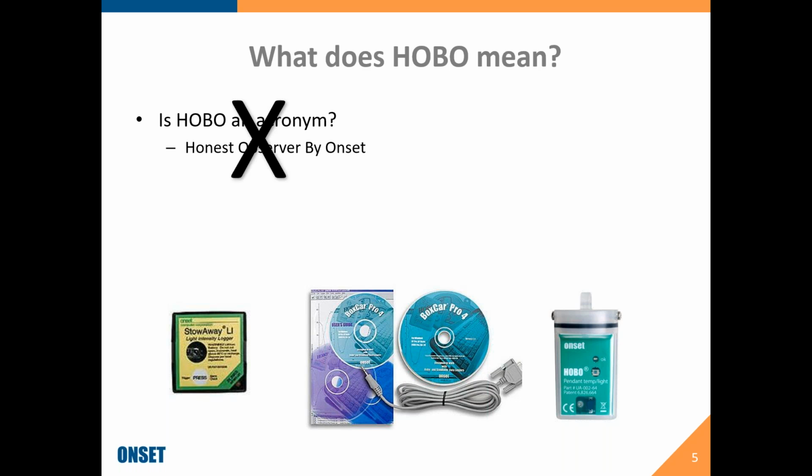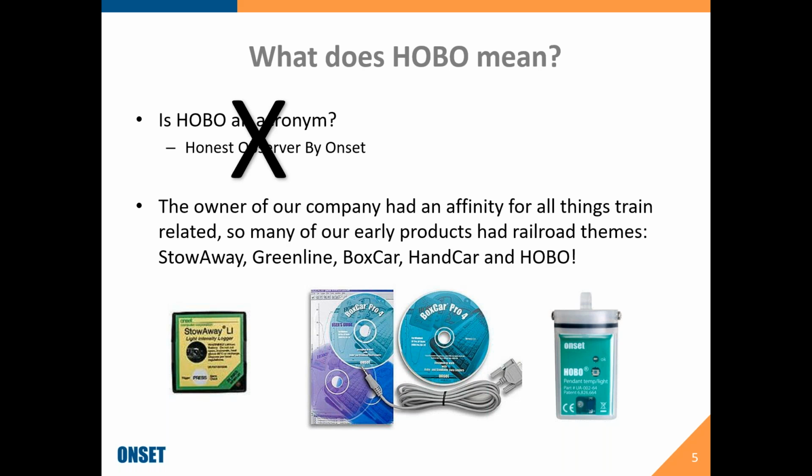The truth behind it is that the original founder of Onset Computer was just really infatuated with trains. And for a long time, all of our products had some sort of railroad themed name. We had the Stowaways, Green Line, Boxcar, and then the infamous Hobo came, and that one just kind of stuck for a long time.